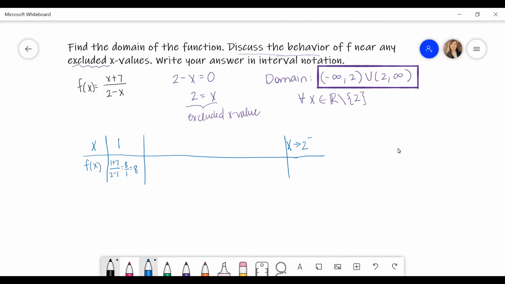Okay, if we plug in maybe halfway, so 1.5, and again, feel free to use calculators on this, you get 1.5 plus 7 over 2 minus 1.5.